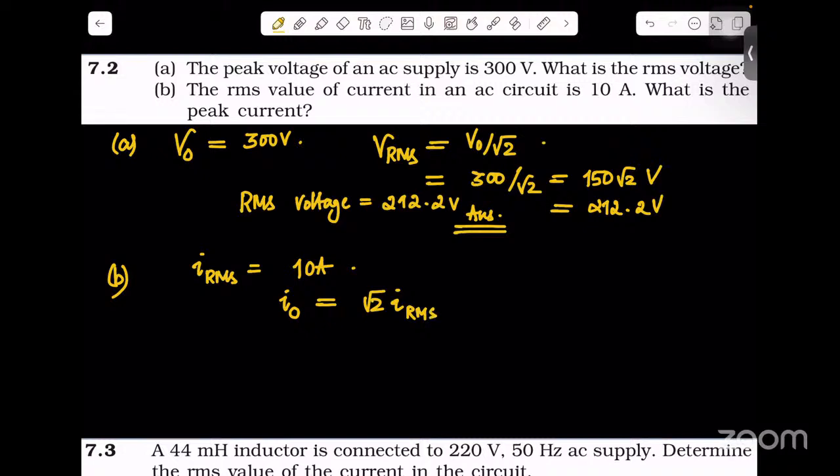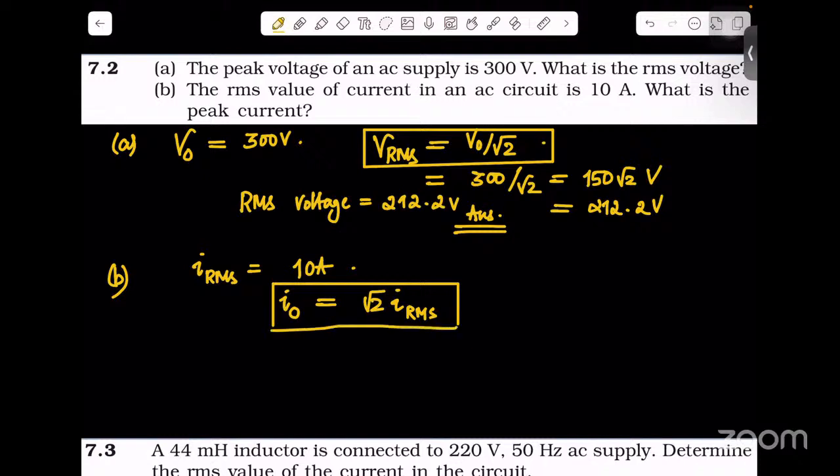So you need to remember two formulas here. That is, RMS voltage is peak voltage upon root 2, and peak current is RMS current times root 2. Or you can also remember it as the RMS current is peak current upon root 2, just like the voltage relation.